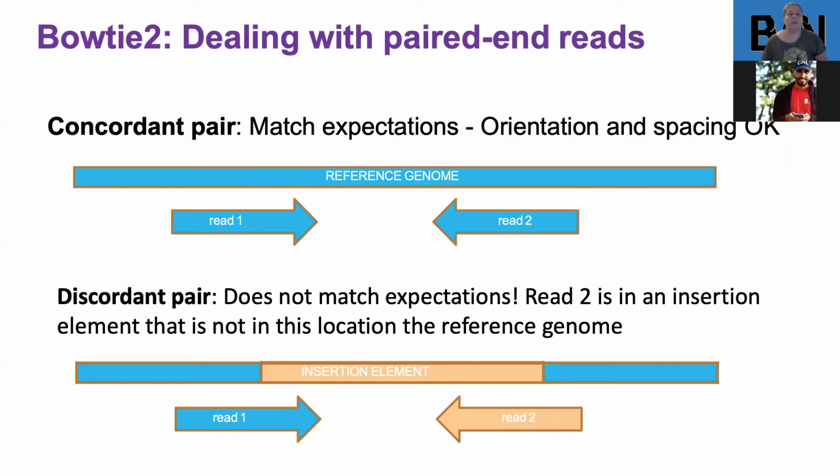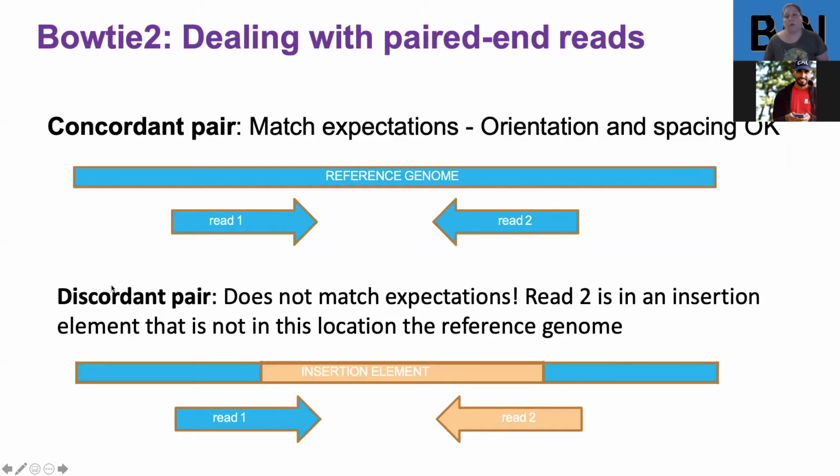So there are two ways in which reads can align to your reference genome. Either they are concordant, meaning they are facing in the direction that you expect them to, and they're not too far on the reference genome or further than expected. Whereas you can have a discordant pair, and discordant pair means that either the reads are not in the orientation that you expect.